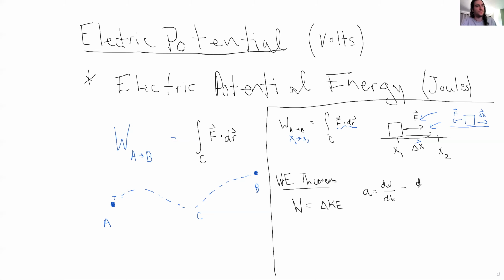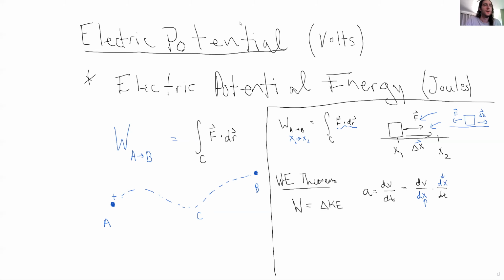I can say dv over something times something over dt is the same as dv dt, as long as what I put here and what I put here is the same, so that they cancel. So what do you put there? You put dx. Put dx here and you put dx here.